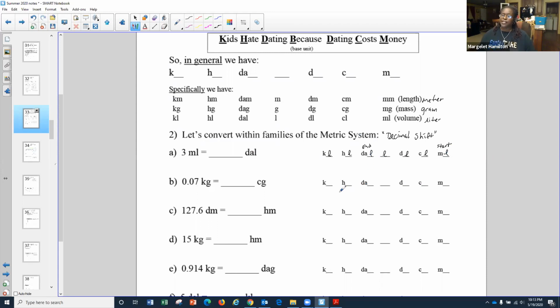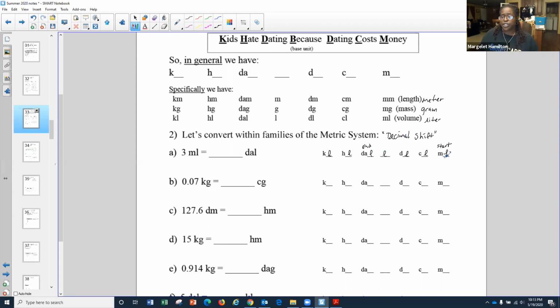Now, if you think about it, this is just like when we did this with scientific notation, right? When they asked us to move our decimal place a certain number of places to the left or to the right, and our exponent told us how many. It's kind of like that.